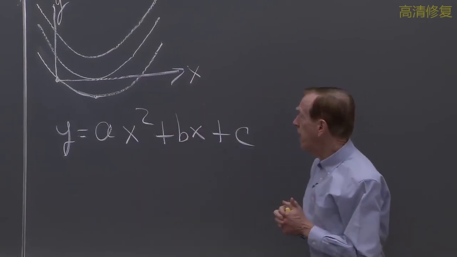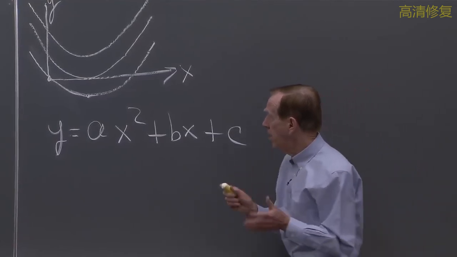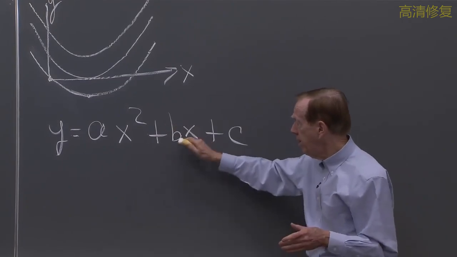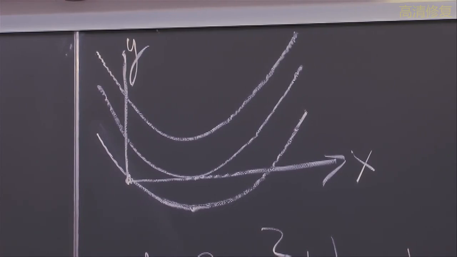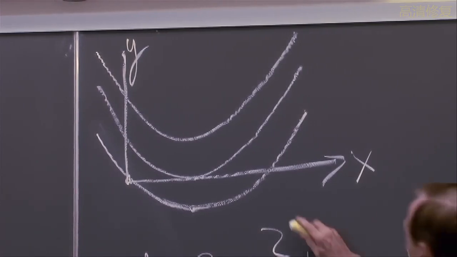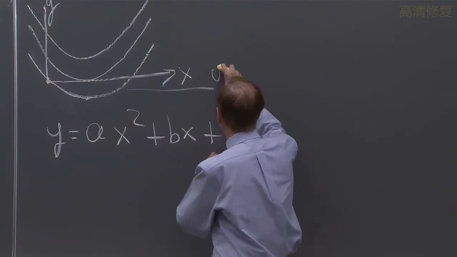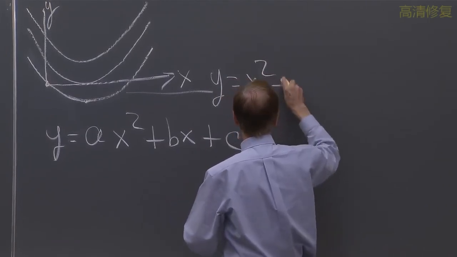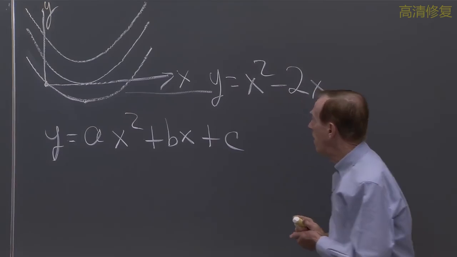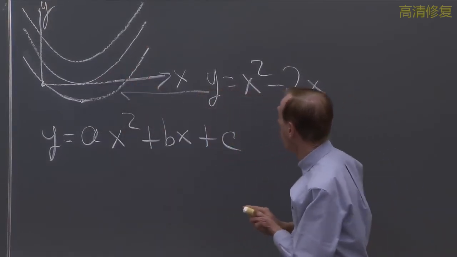So I've drawn 3 quadratics up there, 3 particular ones. Let me tell you what the a and the b and the c are. You see that those quadratics are just almost the same shape, just lifted up. So this first guy is going to be y is, I think I picked x squared minus 2x for this one. Now this one is up a little higher.